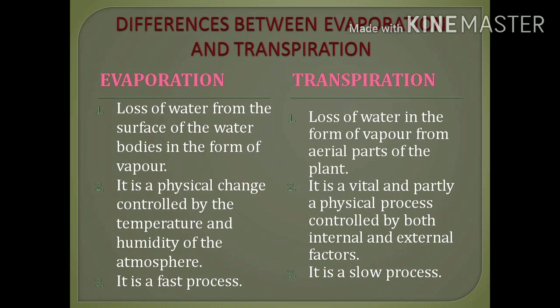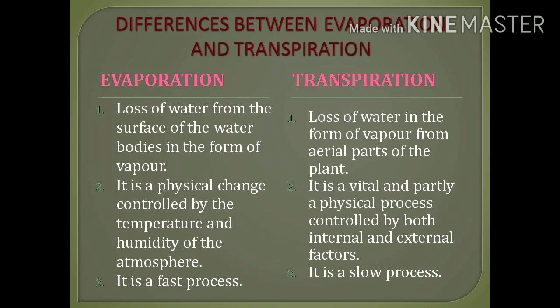Next, in transpiration, external factors like temperature, sunlight, wind velocity and water content of the plant control the transpiration process. In evaporation, only the temperature and humidity of the atmosphere control the evaporation process. Transpiration is a slow process.